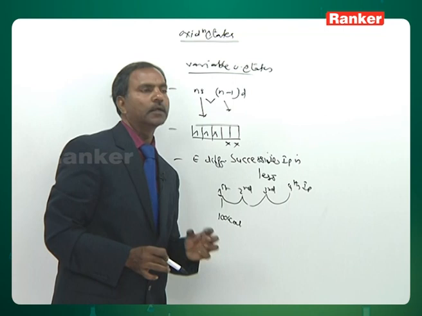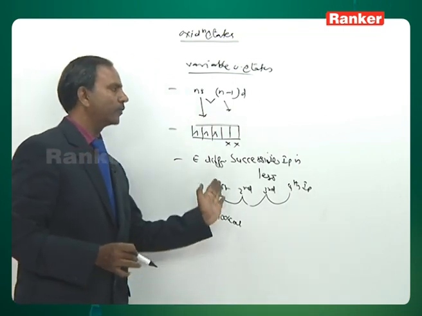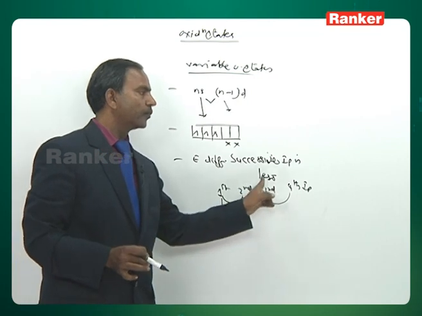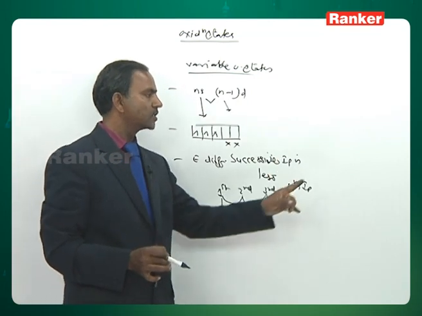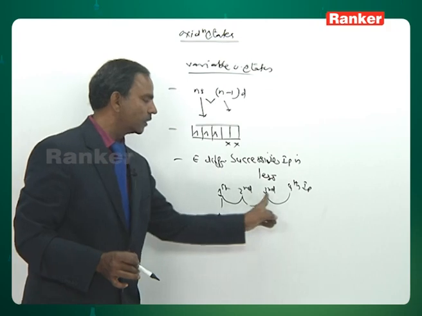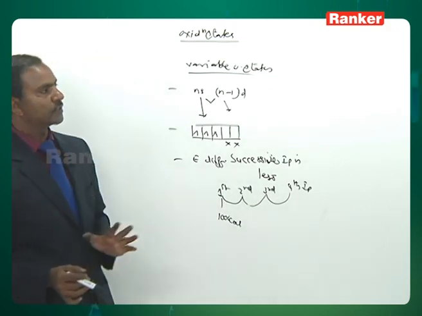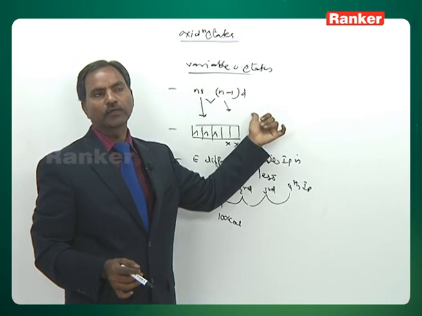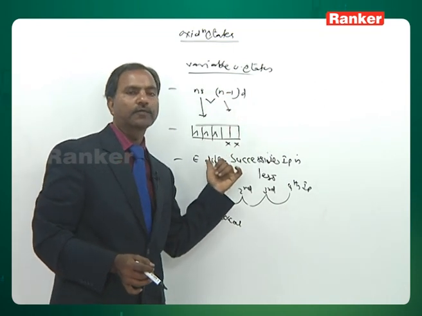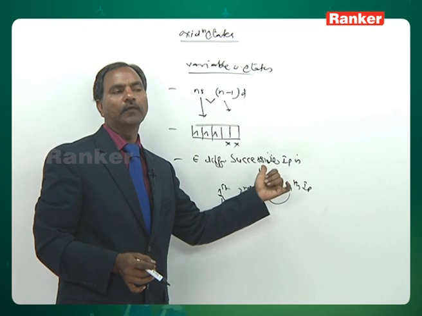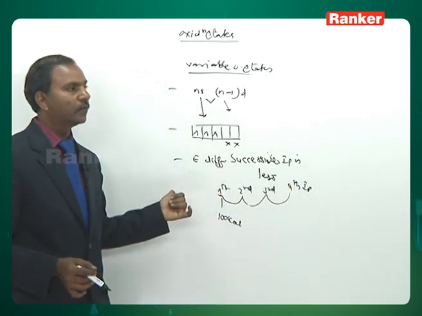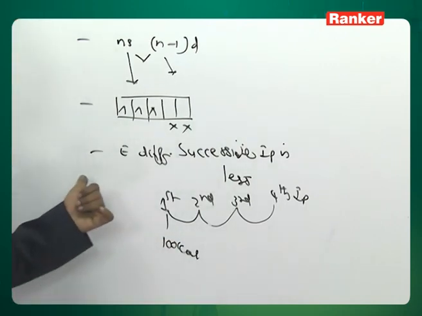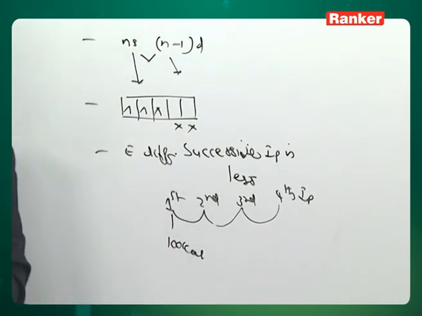By supplying a little amount of energy, we can remove the electrons successively. Therefore, because the energy difference between successive IP values is less, they exhibit variable oxidation states. The first reason is that the energy difference between ns and (n-1)d orbitals is less, the second is the presence of unpaired electrons in incompletely filled d orbitals, and the third is that the energy difference between successive IP values is less. Therefore, they exhibit variable oxidation states.